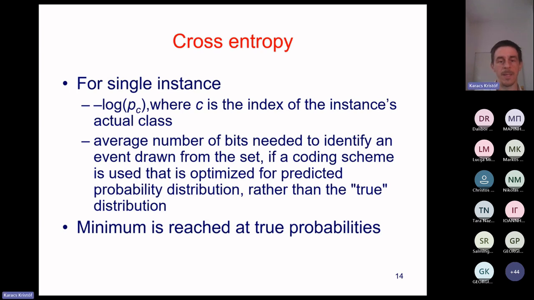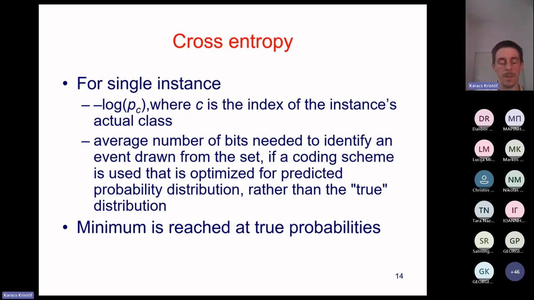And this will basically correspond to the average number of bits needed to identify a random event from a set. One specific property of the cross entropy is that it will still reach its minimum if the prediction is correct.